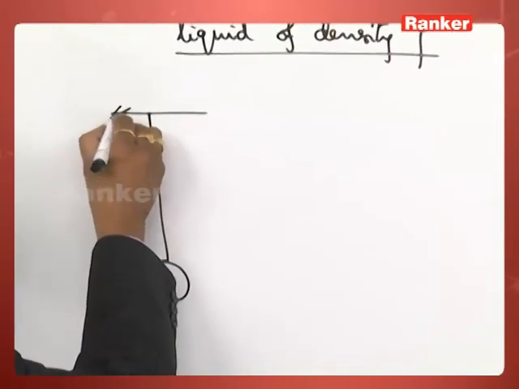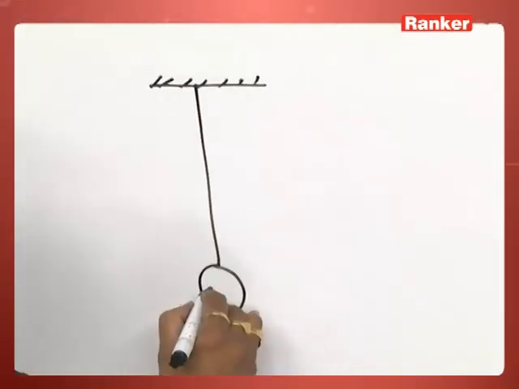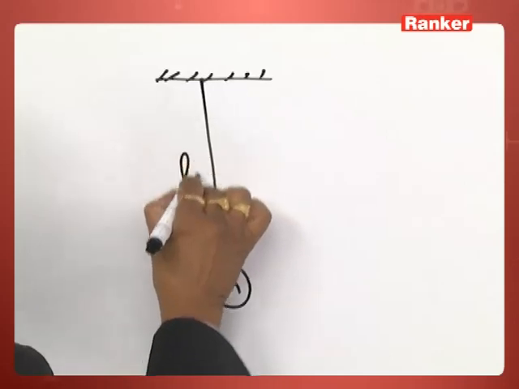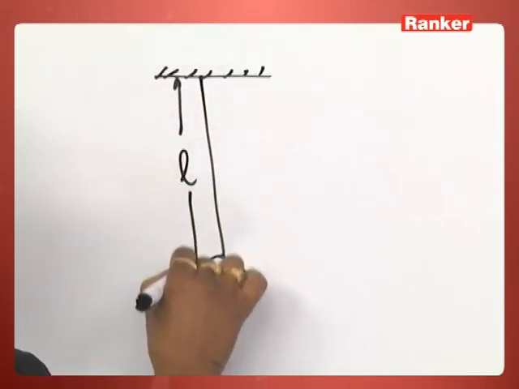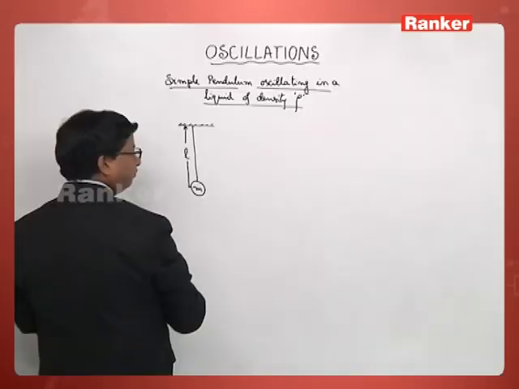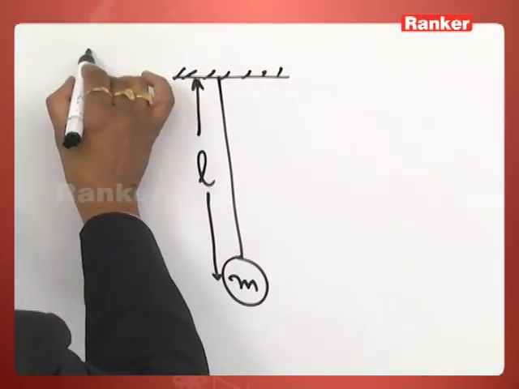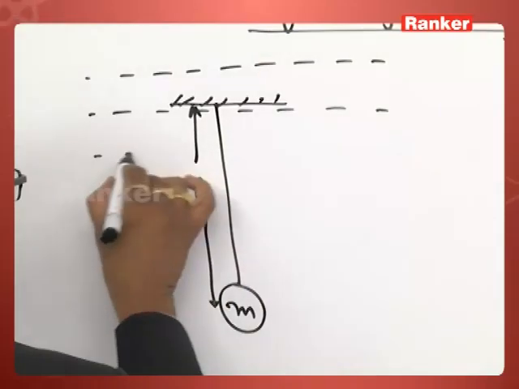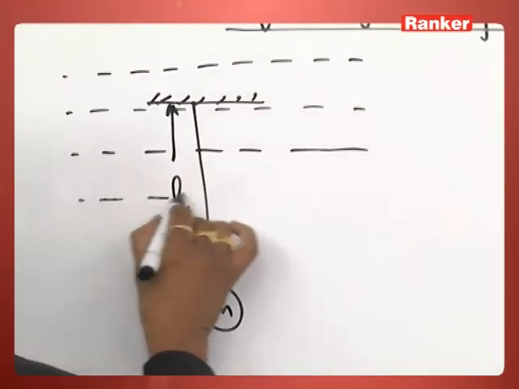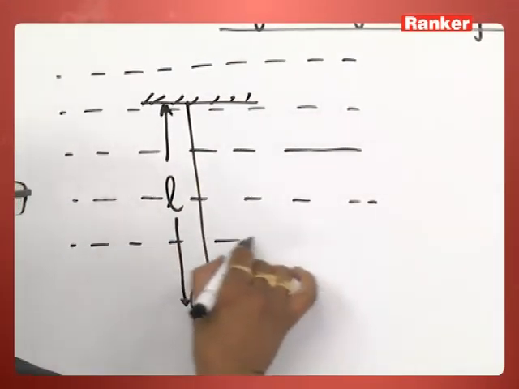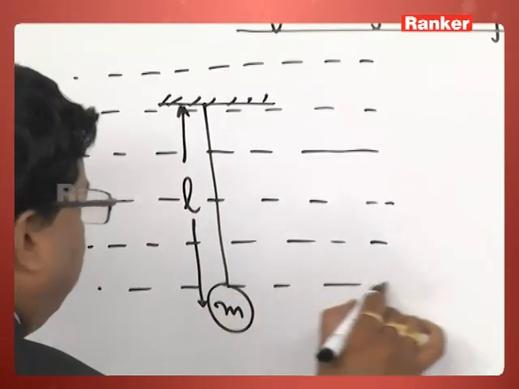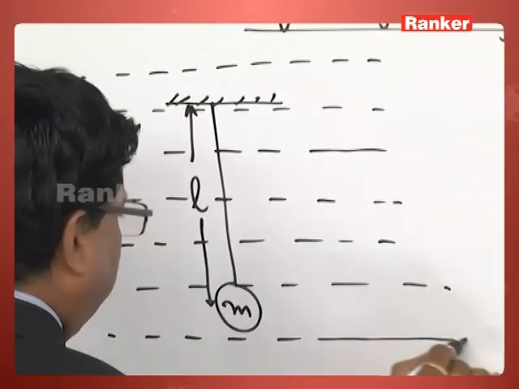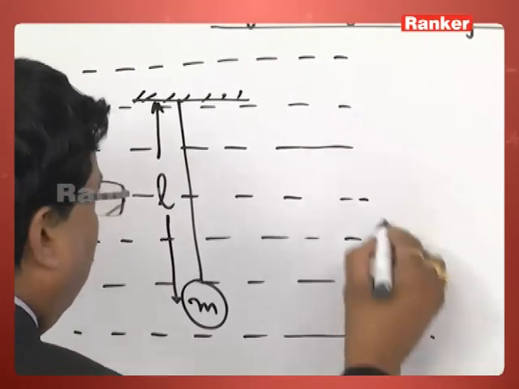This is the simple pendulum. Its mass is given as m and length is mentioned as L. Now this total pendulum is inside a liquid like this. The density of this liquid is provided to us, that is rho.